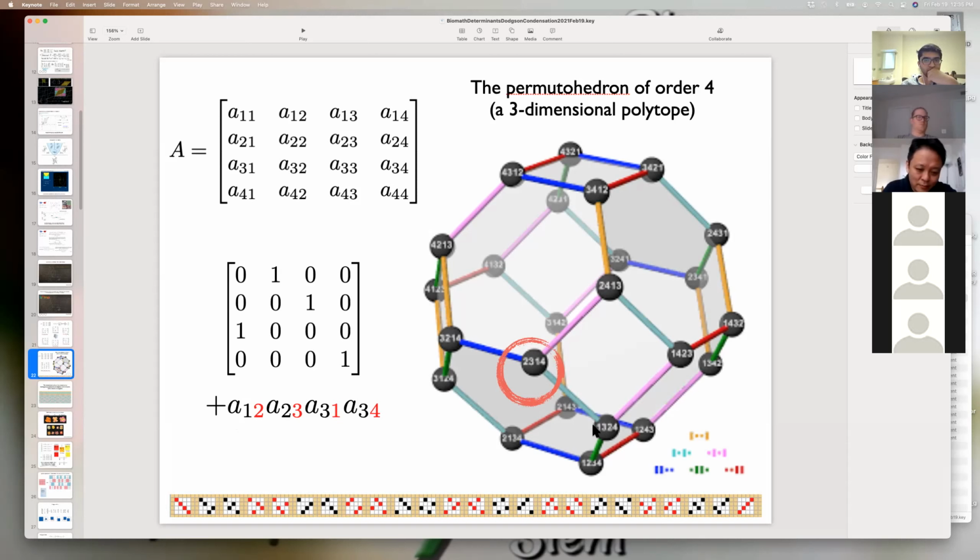Since each one of these steps is a transposition of 2 of your elements, the signs alternate as you go through. So 1, 2, 3, 4 has a positive sign. 1, 3, 2, 4 would have a negative sign. But 2, 3, 1, 4, that permutation is even, so this term is going to arise in the determinant with a positive sign.